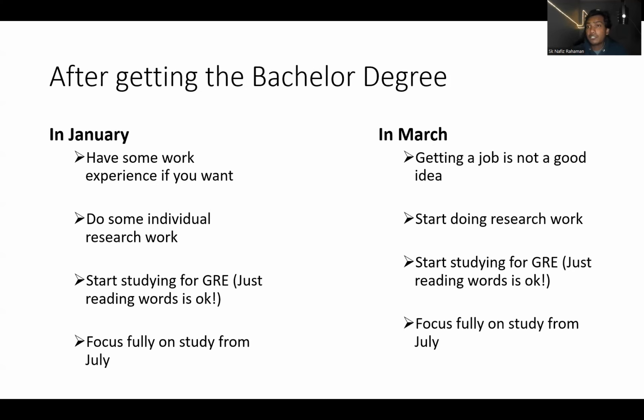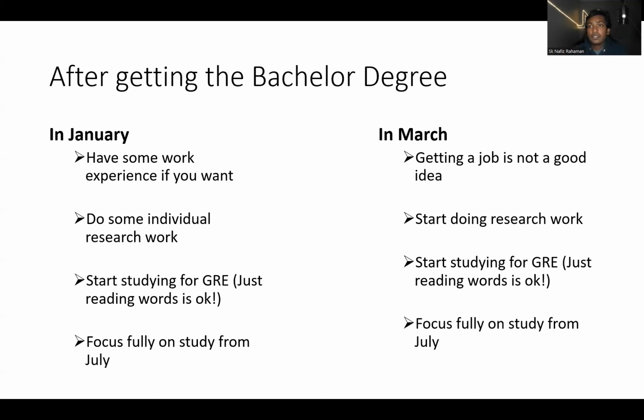So what are you going to do after getting the bachelor degree? There are several possibilities: you can get the certificate much earlier, like in January, or not as early as January, like in March or April.